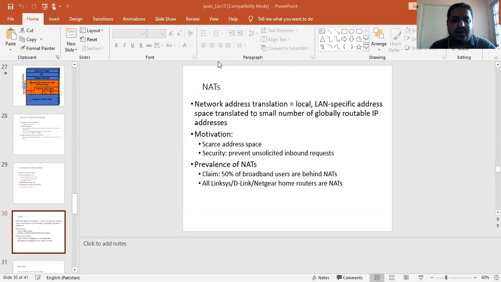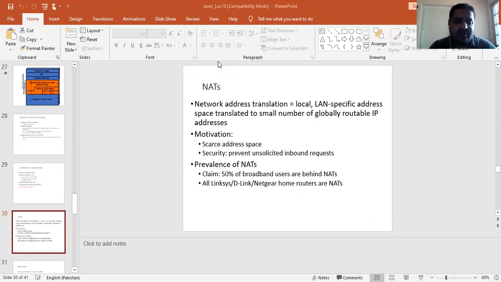There is a limit on the number of public IP addresses which can be assigned to a particular network or device. So whenever any data is sent from a private network to the public network, or from the organization to a device in another network, it uses a public IP address.